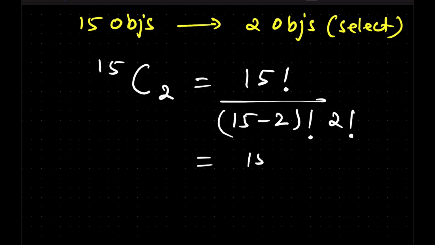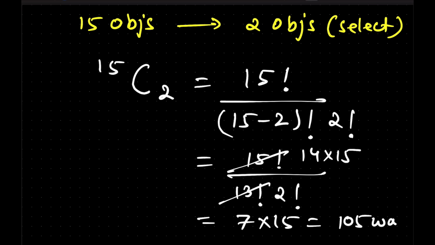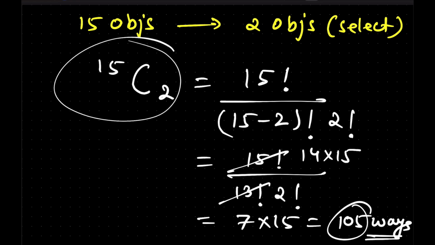So this is 15 factorial divided by 13 factorial into 2 factorial. This will give us 14 into 15 by 2, that is 7 into 15, which is 105 ways. So you can see the benefit of this formula. It saves you from manual counting. And just think about it, if you had to count 105 ways, you would be extremely exhausted.